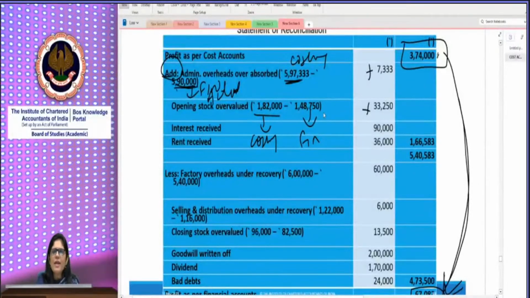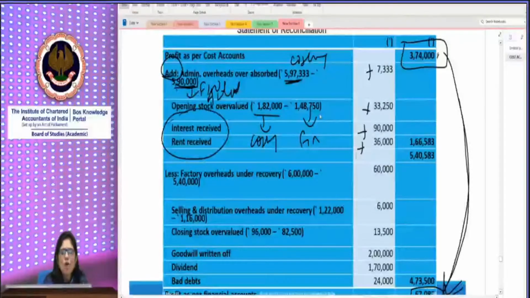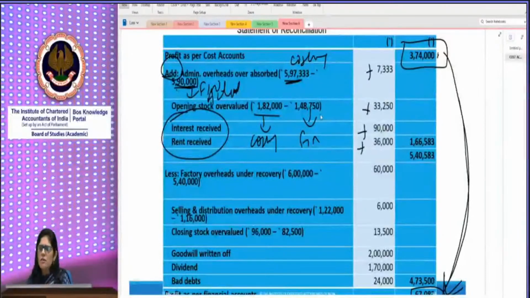Interest received, rent received, you have to add to the costing profit because we have not taken them in costing profit, but we have taken them in financial profit. Do whatever is done in financial account. As simple as that. If any amount is overcharged, add it back. If any income is not taken, add it to the profit.